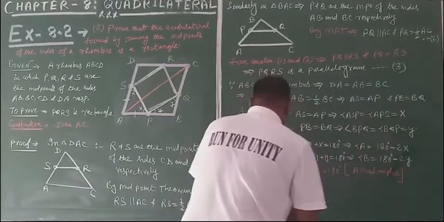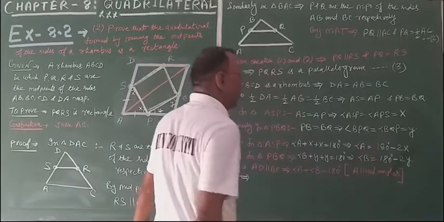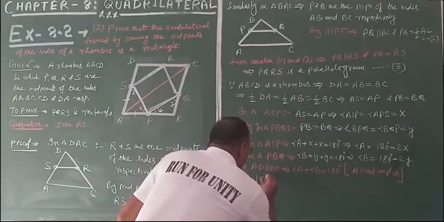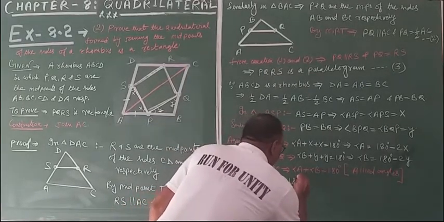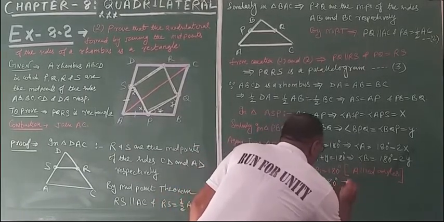So what is angle A? Angle A is 180 minus 2x, plus 180 minus 2y, is equal to 180 degrees.